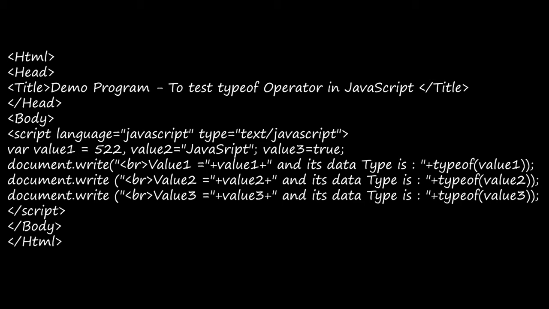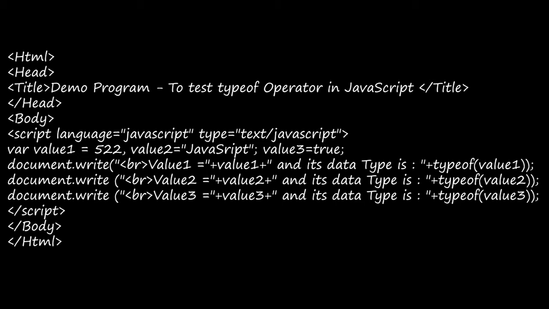As soon as we open the body tag, we have to insert JavaScript inside this HTML, right? To insert the JavaScript inside HTML, we give script language equal to JavaScript, type equal to text slash JavaScript, right? So JavaScript has been included inside this HTML program.